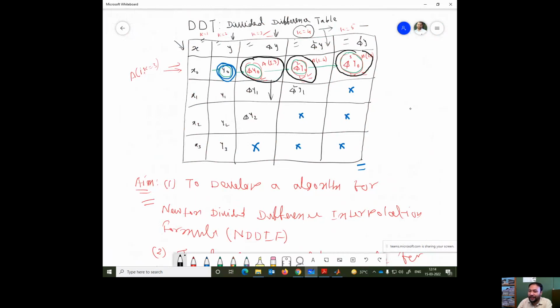Where is it located? It is located in matrix A, in the first row, right? I want to find the value of delta cross y naught, delta cross square y naught, delta cross cube y naught. Where does it start? It starts from column number 3 onwards.